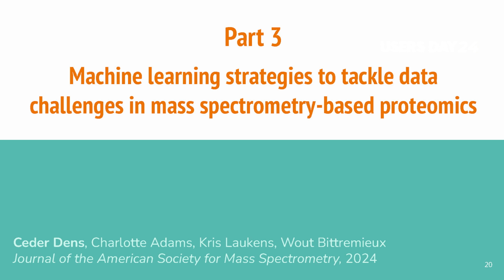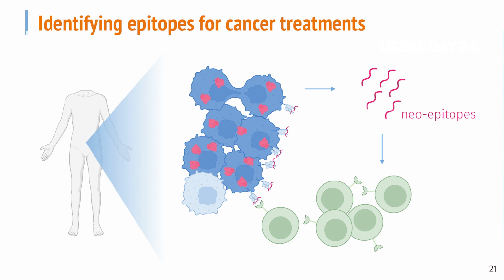Okay. In the next part, I will be talking about the techniques to actually get the epitopes that are presented to the immune system. So here we have a cancer, and the cancer cells, all cells, not only cancer cells, will present the epitopes I've been talking about before on their cell surface, that can then be recognized by T cells to attack the cancer.